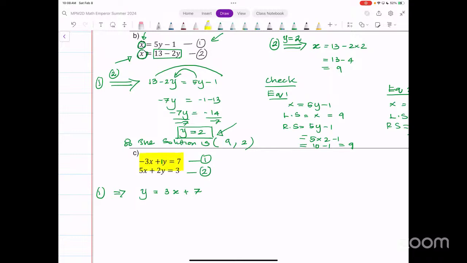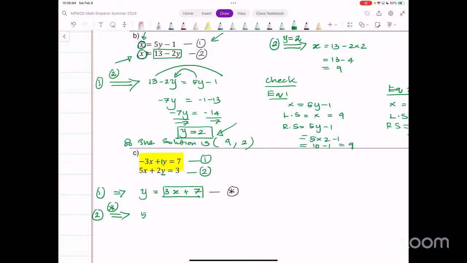Let me call the result star. That's the result of star. All I'm going to do is, from equation number 2, apply the result of star. That means in the place of y, we're going to replace this. In the place of y, we can substitute the 3x plus 7, isn't it?